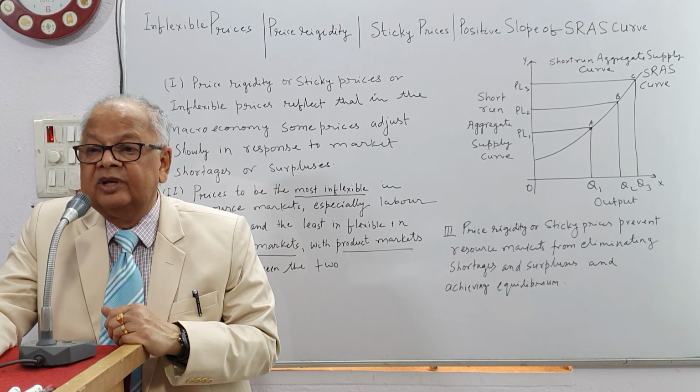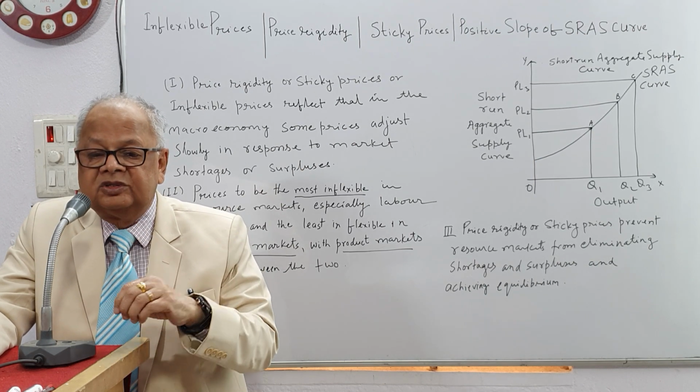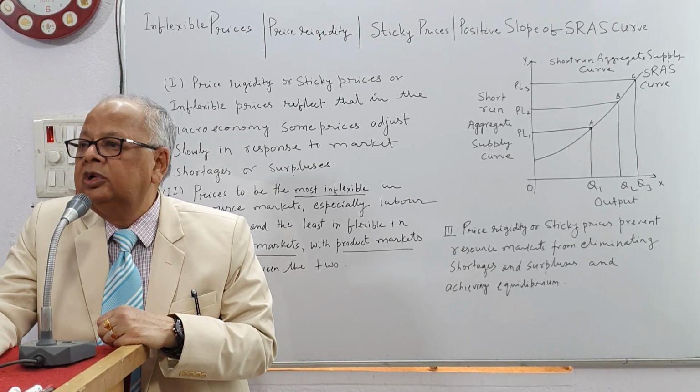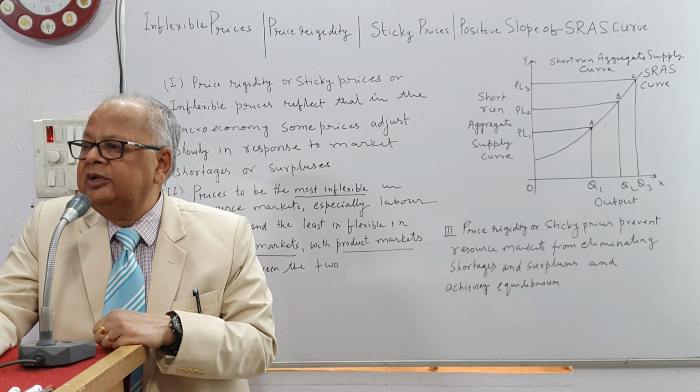State interference was needed, that was established by John Maynard Keynes in 1936 in his book, The General Theory of Employment, Interest and Money.